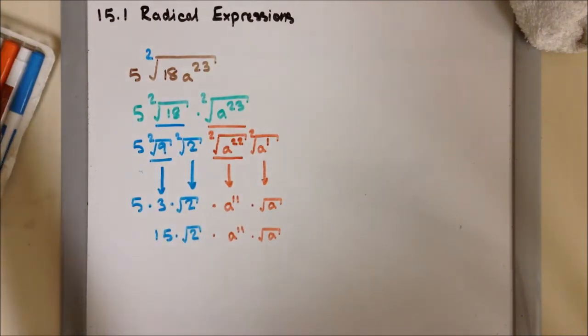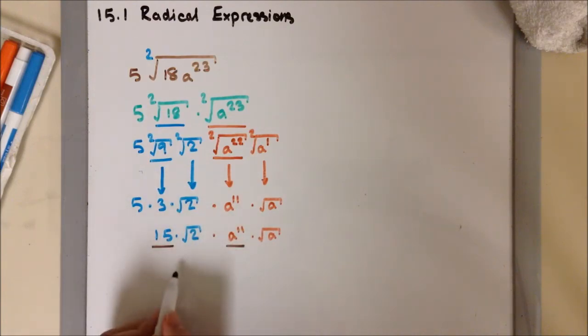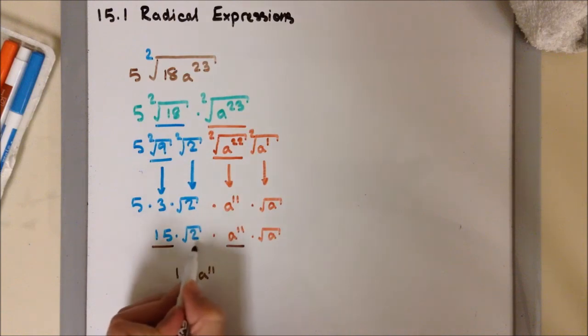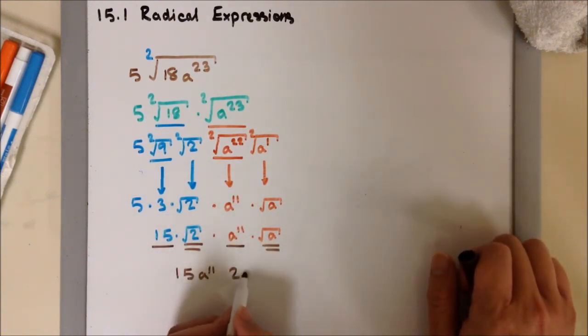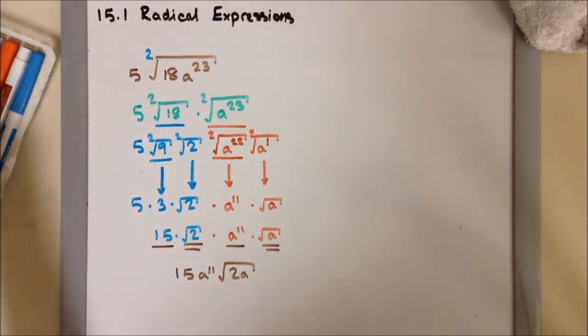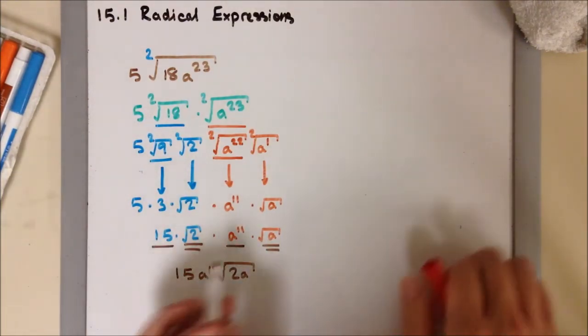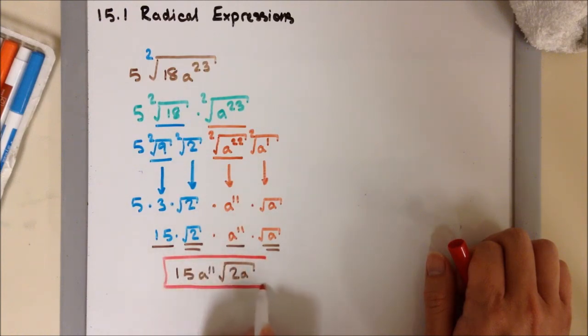So just like the last example, I'm going to put the parts without the radical in the front, so 15a to the 11th power, and then the parts with the radical, I'm going to put together inside one square root. So here is my final answer: 15a to the 11th power, the square root of 2a.